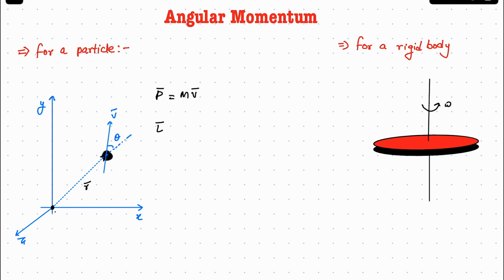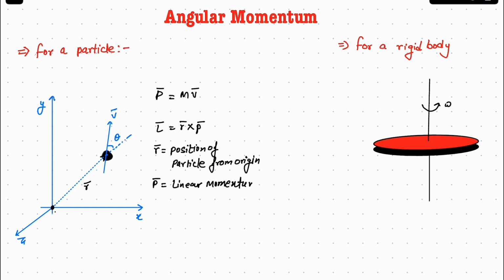So then the L vector is defined as r vector cross p vector, where r vector is position of particle from origin and p vector is linear momentum. Now we can further write it from this L vector format.